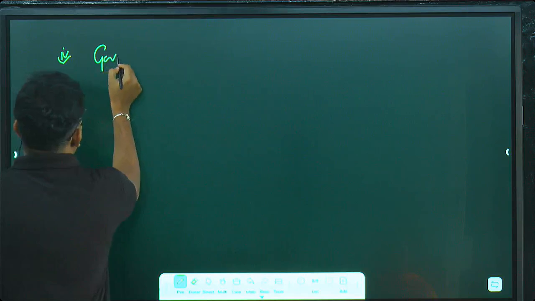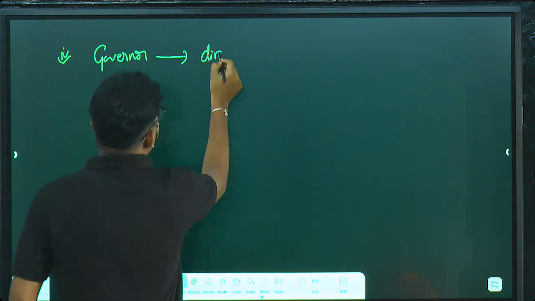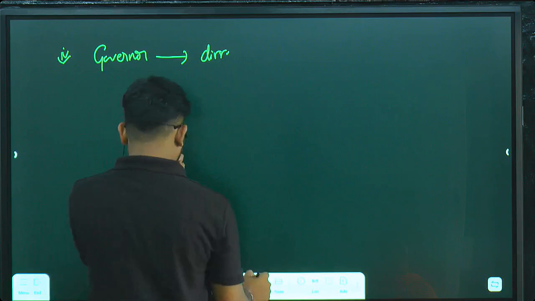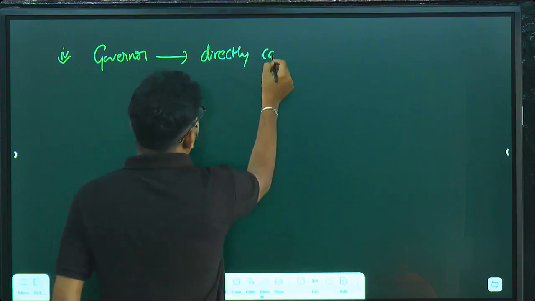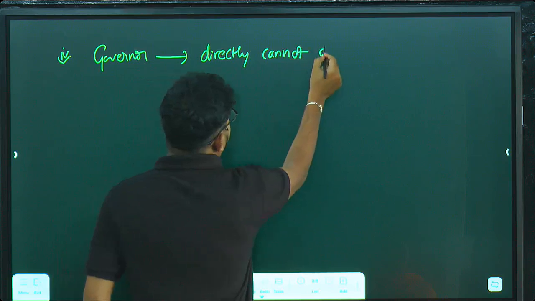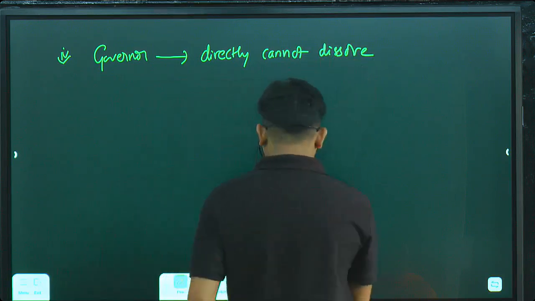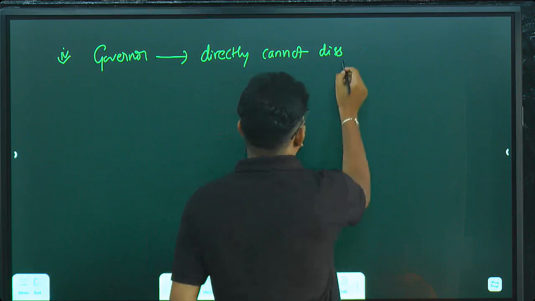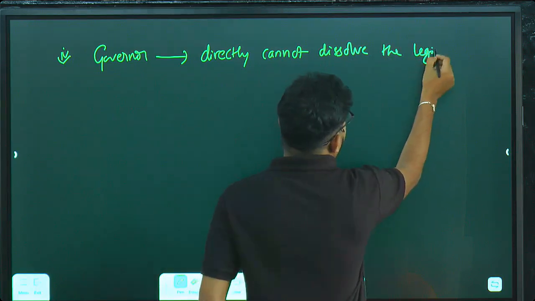So governor directly cannot dissolve the legislature.